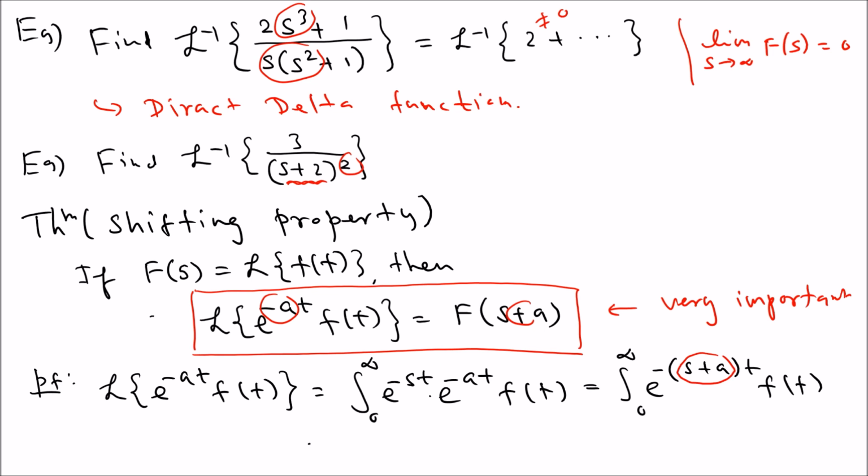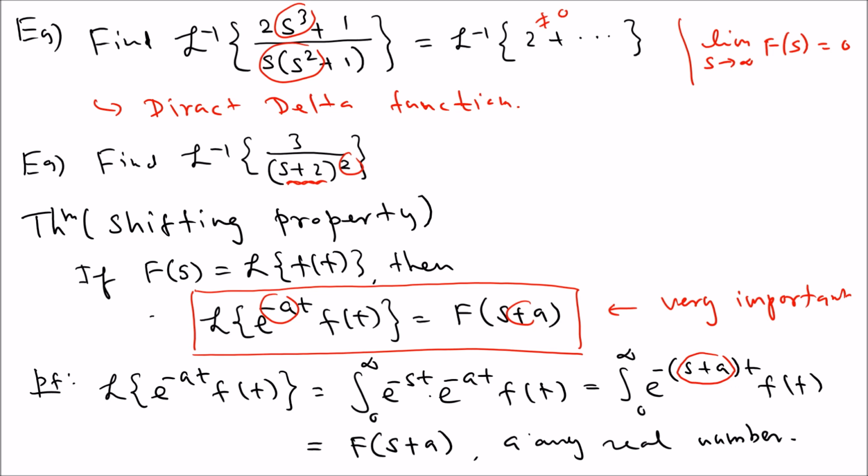So that says it's just F(s plus a). Here a is any real number. So it's a very simple proof, and it's very easy to prove.